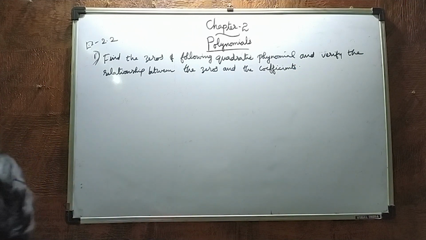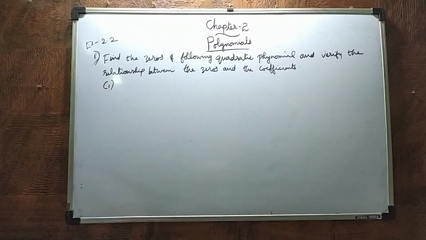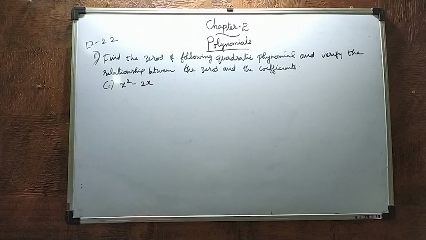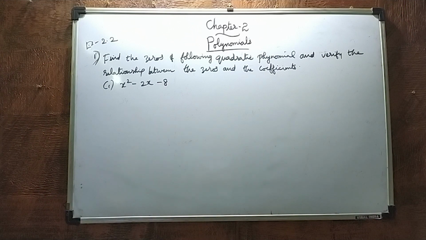The first question: x square minus 2x minus 8. This is the question. So you have to find the zeros of the quadratic polynomial first.